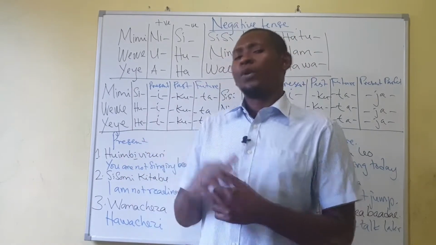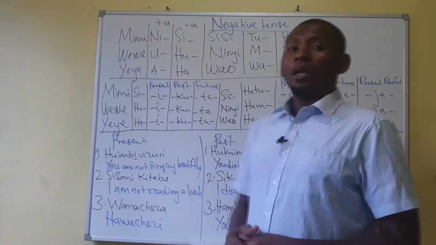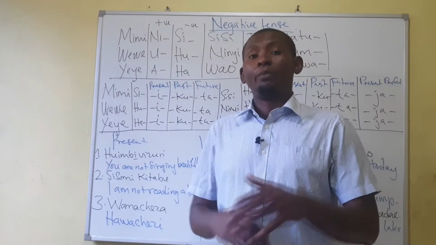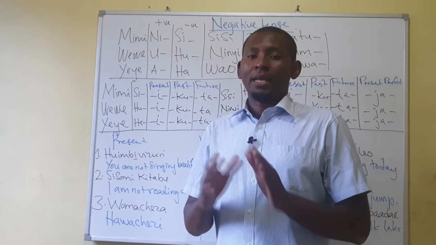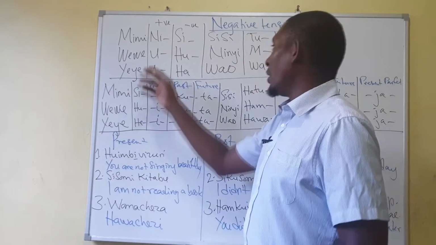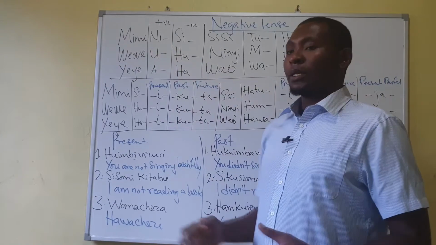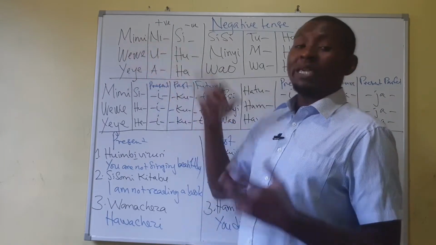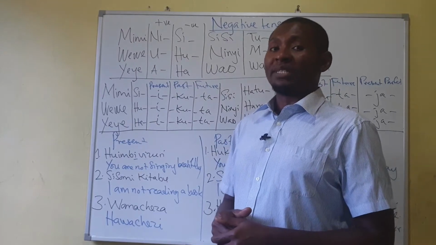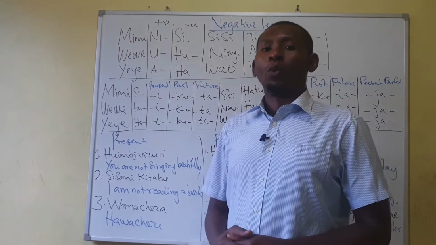But before we start with this tense, I want to remind you about our personal pronouns. They are negative and they are positive. Negative and positive. Here we say, this Mimi, which is I, in negative, it is represented by si and not ni anymore.